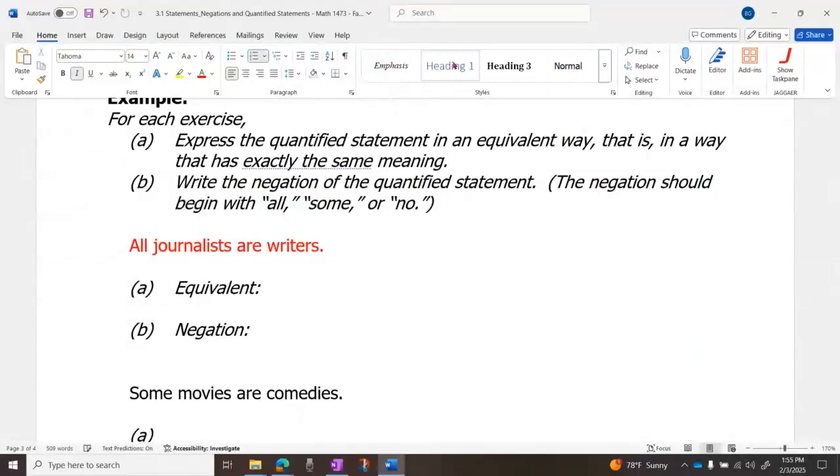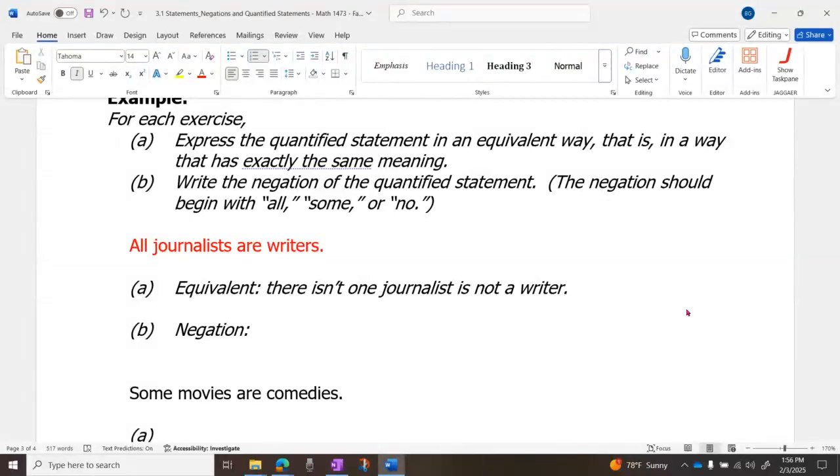Let's see if you agree with what I answered here. All journalists are writers. There isn't one journalist who is not a writer. I do not think about true or false. It really, to be honest, is unrelated.